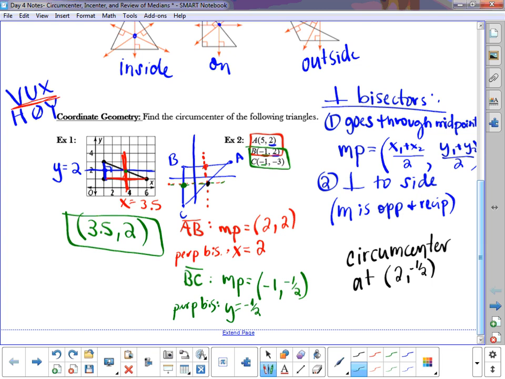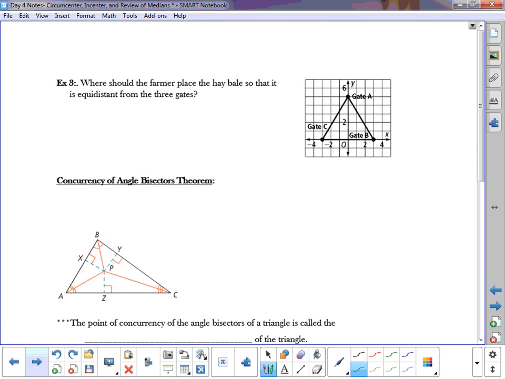Okay? Why don't you just find the midpoint of AC if it's a right triangle? That's not going to be the case for all triangles. Because if we take a look at our next one here, my circumcenter is not just simply going to be the midpoint of one of the sides.